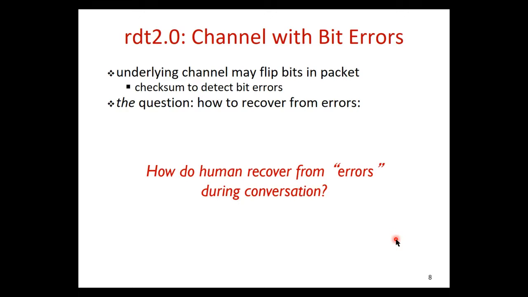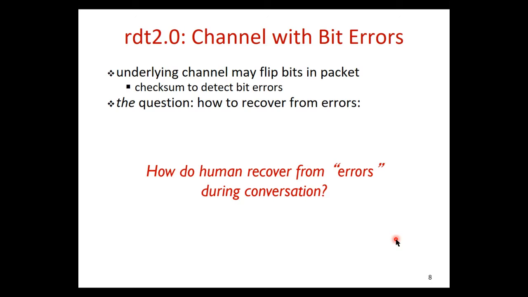Yeah, repeat, right? But what is an error? An error is, for example, there was some noise. The person was speaking, but there was some noise. You cannot hear very well. So you have detected an error, right? You know that you were not able to hear.